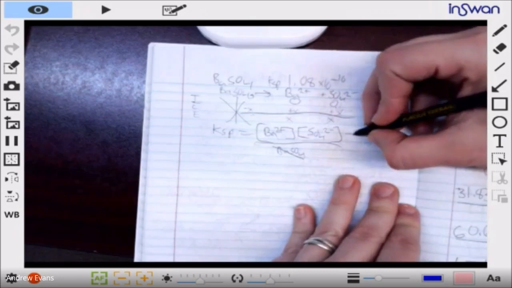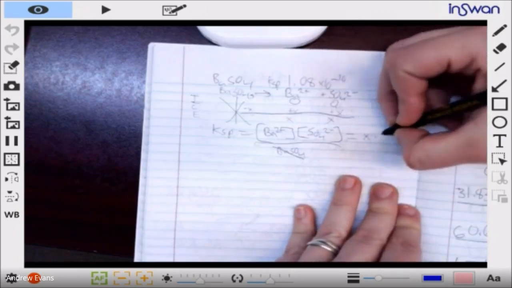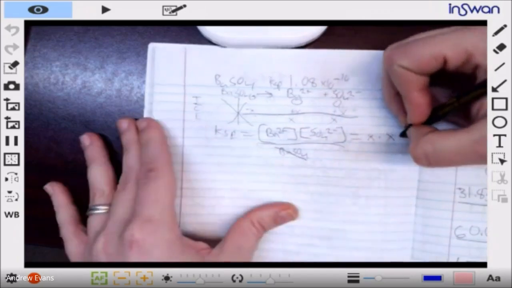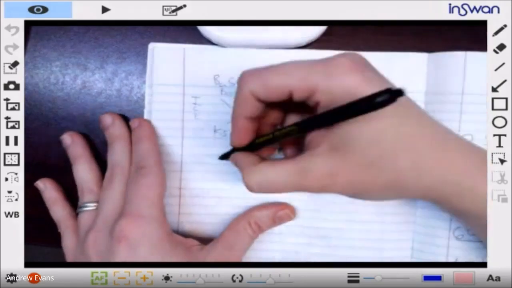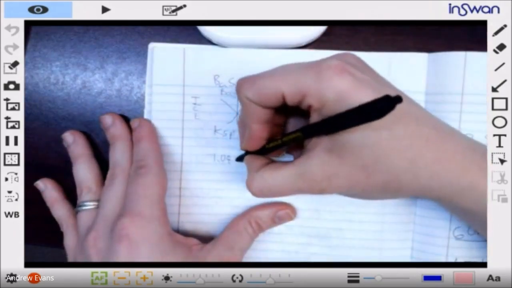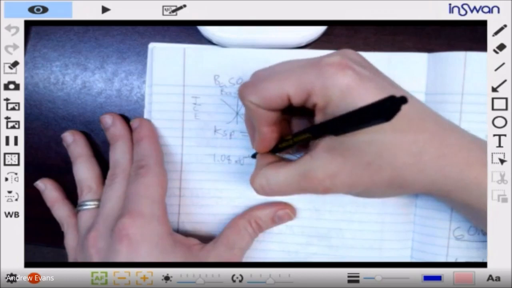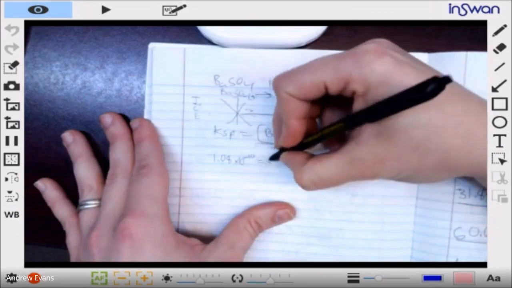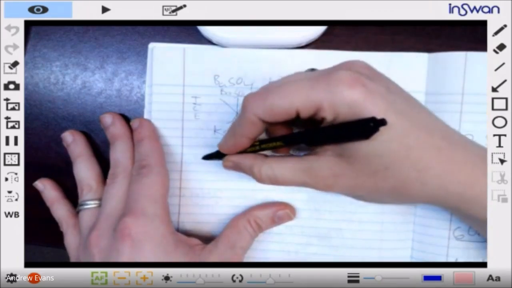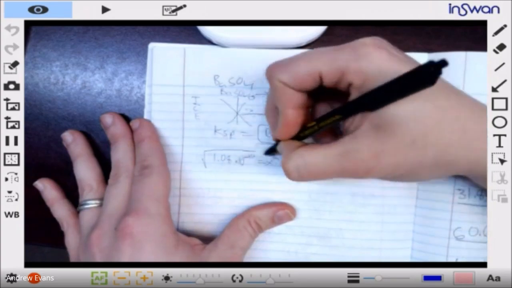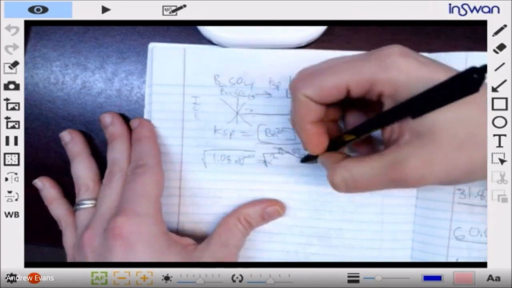So what do we have? We have this equals x times x, which is x squared. So 1.08 times 10 to the negative 10th equals x squared. What do we got to do? Square root both sides.